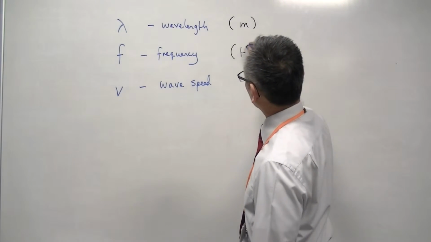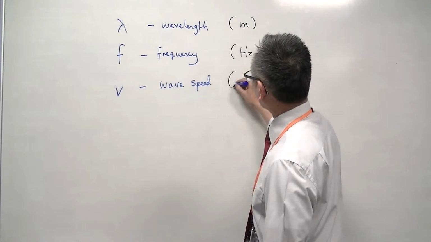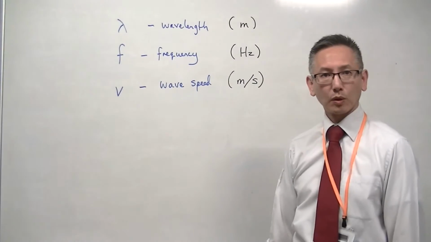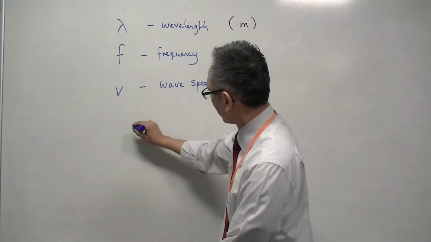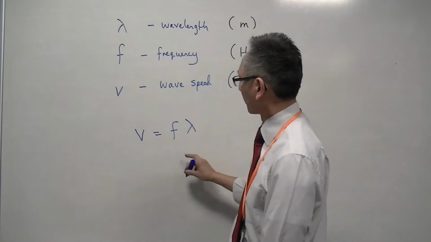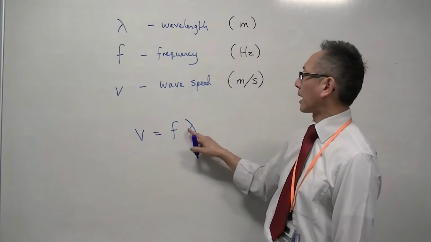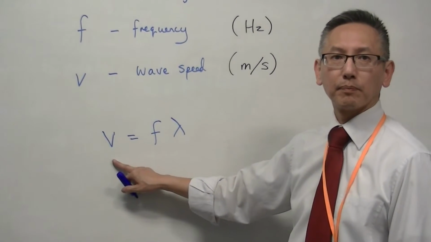Frequency has to be in hertz, and wave speed in meters per second. Okay? And the link is simply this. V equals f lambda. That means the frequency multiplied by the wavelength will give you the wave speed.